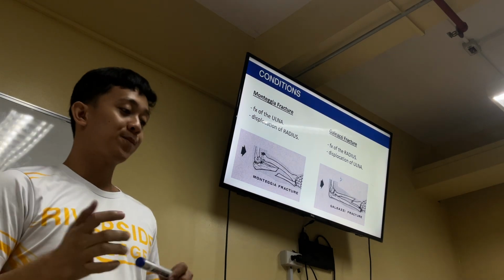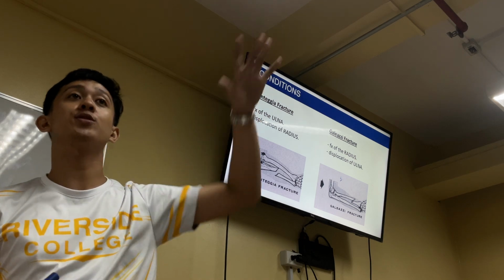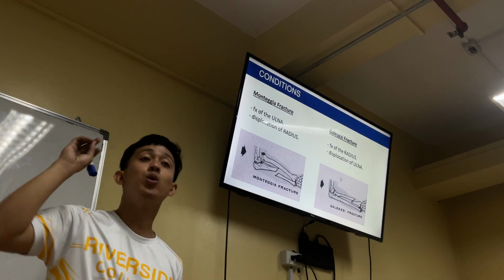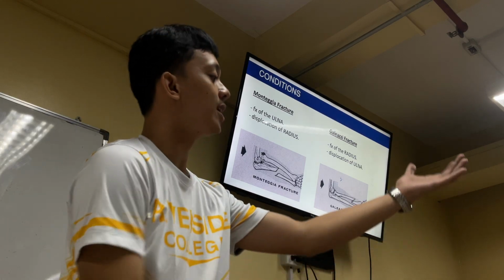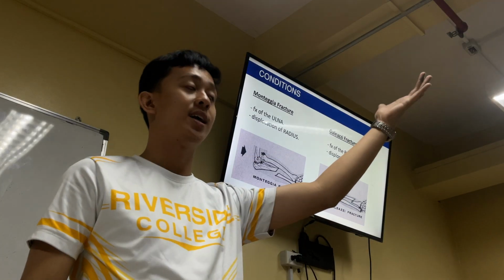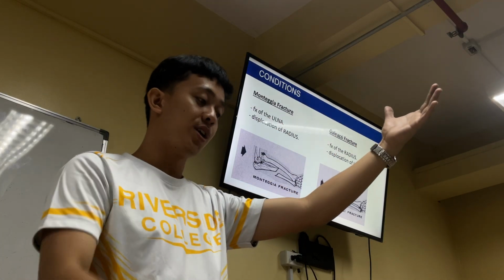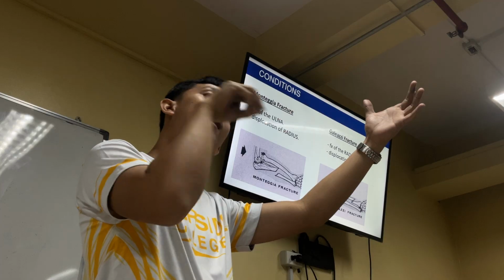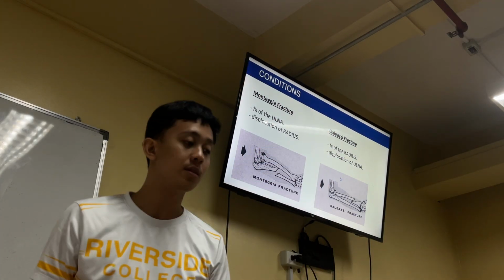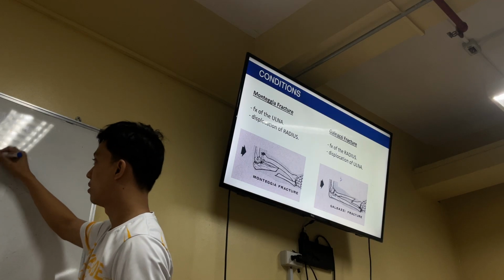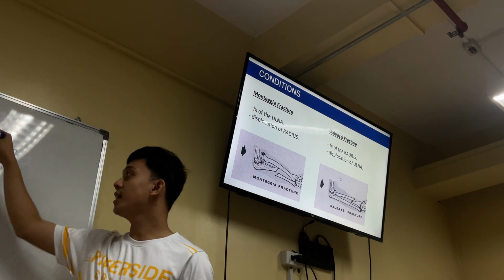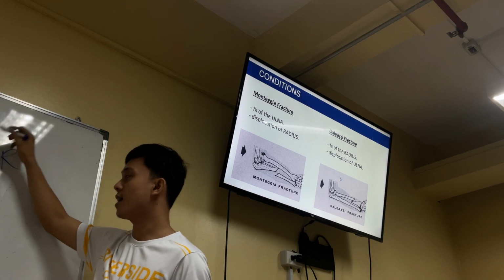Monteggia fracture, this one is discussed in the review center, so just advance. In Monteggia fracture, there is a fracture of the ulna and dislocation of the radius. In Galeazzi fracture, the radius is fractured but the ulna is dislocated. So they are opposite of each other. Monteggia: fracture of the ulna.